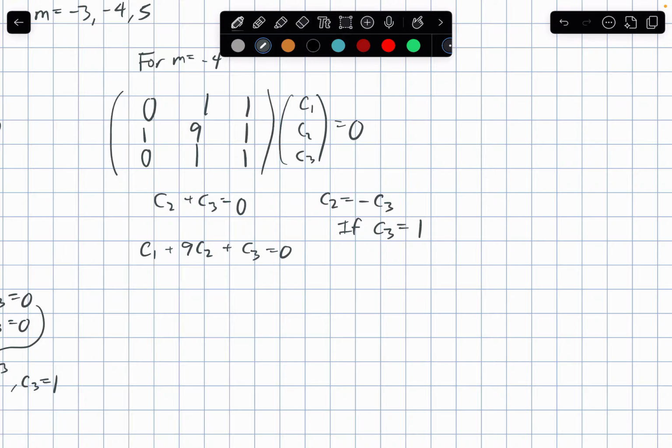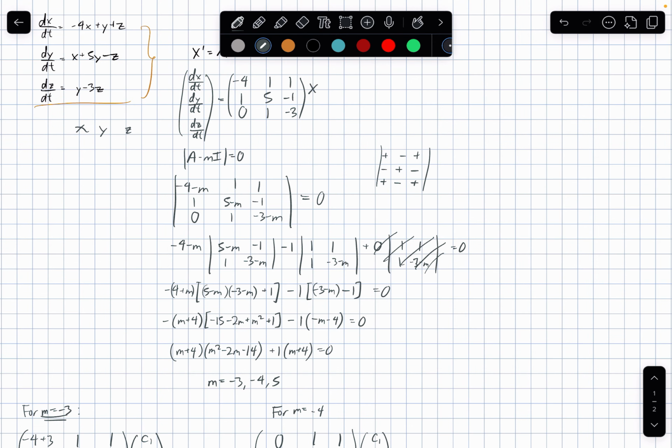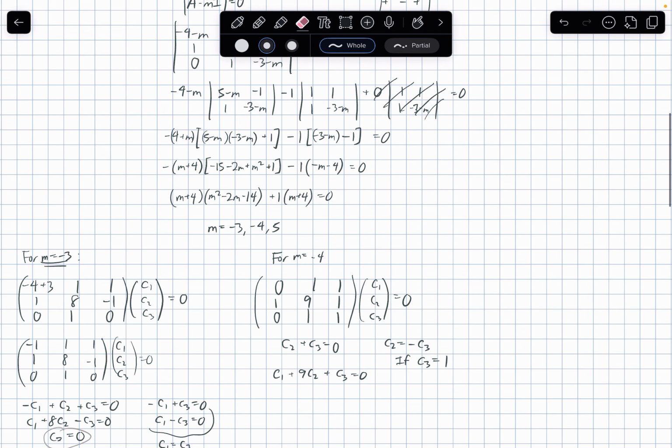But we can be smarter, and for as long as our vector is not going to end up with 0, 0, 0, it means there's no direction. So if we end up with that, don't use 0. But usually, because in this case, this is real and distinct eigenvalues. Why?